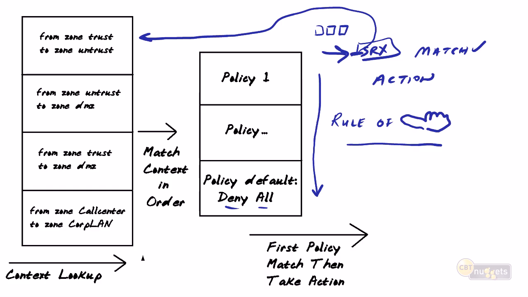Once we have that context, we start applying the policies based on the criteria that I gave you earlier. As soon as there's a match, boom, that's the action that's going to take place. Now I gave you your default actions, remember: logging, denying, permitting. But there are other more complex actions we can take, and we're going to learn about those later on in this Nugget series. For example, one of the actions could be IDP, intrusion detection and prevention.